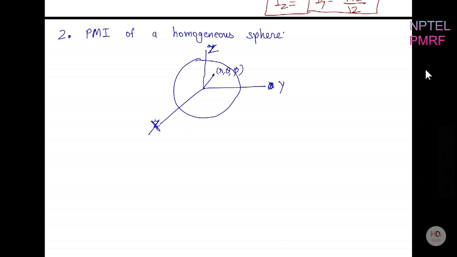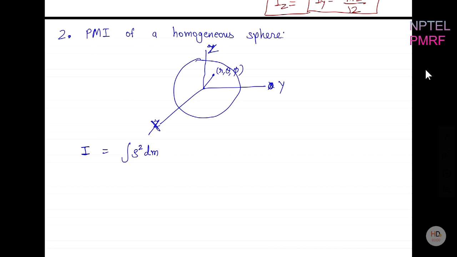So first thing we need to calculate. So we know that I, I am just calling it I because it's same along everything. It's just this distance, radial distance. Let me call it rho. Then it is rho square dm, right?